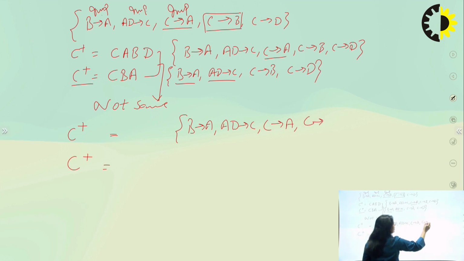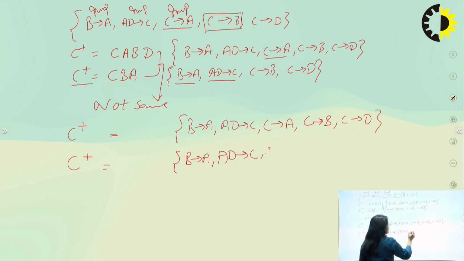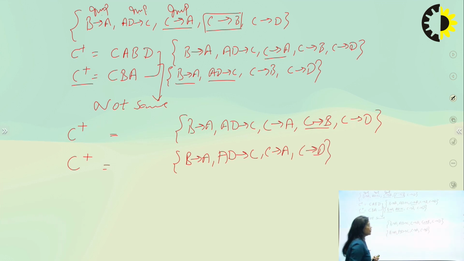So we will include here, while calculating the closure of C, we will exclude that functional dependency. This one. We will not include it, right? So we will calculate the closure by this and by this. So if we are having C, we can deduce A, B, D.